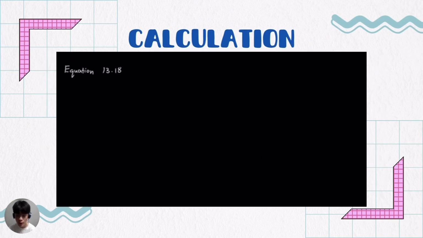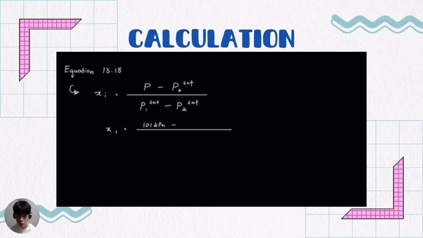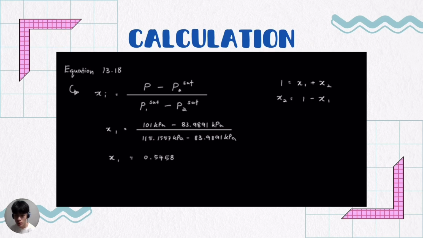To find the molar composition in the liquid phase, we can use this formula: xi equals P minus P2 sat over P1 sat minus P2 sat. Substituting all the values, X1 is 0.5458, and to find X2 we can just use 1 minus X1, and the result is 0.4542.